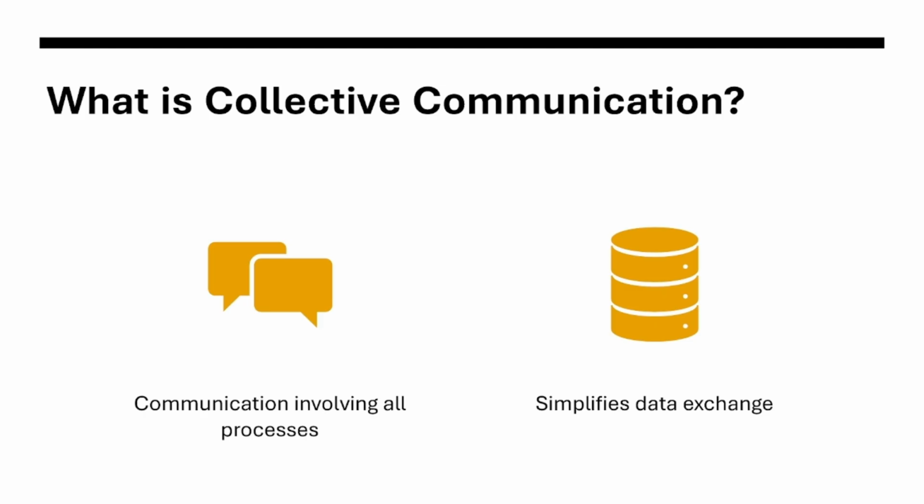These are the reasons why we use collective communication. So collective communication in the Message Passing Interface, MPI, provides a powerful and efficient way for processes to communicate as a group, which makes parallel programs simpler, faster, and more scalable.